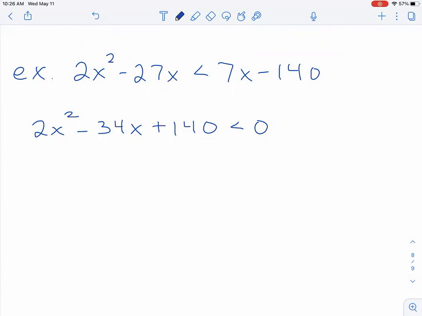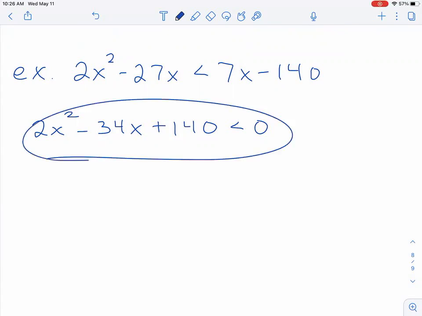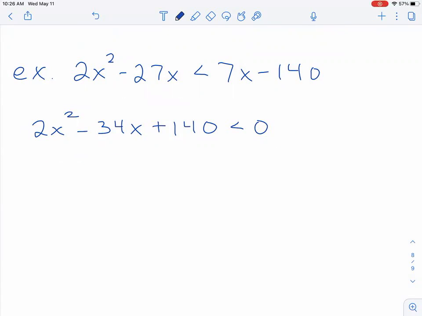All right, so we've got to factor this. Notice these are all even. I could divide everything by 2. If I do that, I get x squared minus 17x plus 70 is less than 0, because 0 divided by 2, of course, is 0.